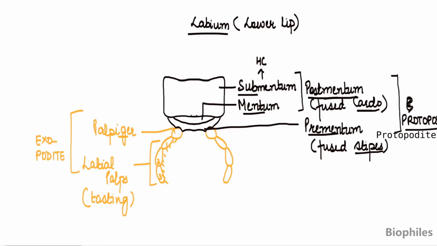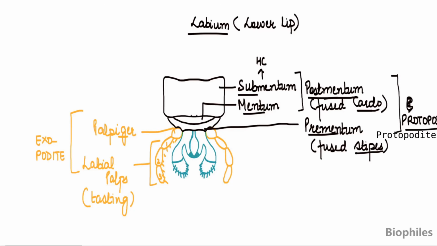Now above the exopodite, towards the mouth, will be present the endopodite. The endopodite in case of labium comprises of glossa, which is present on the inner side. This is glossa, and an outer paraglossa. And the paraglossa also has bristles.